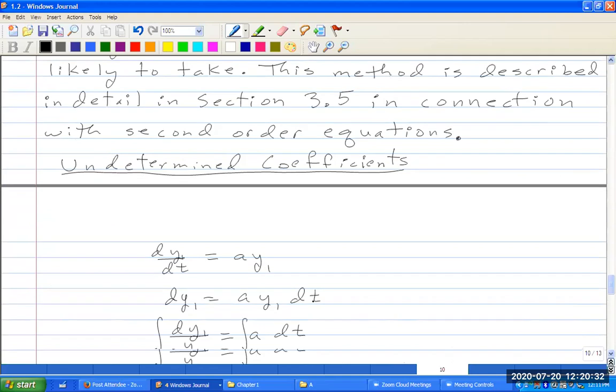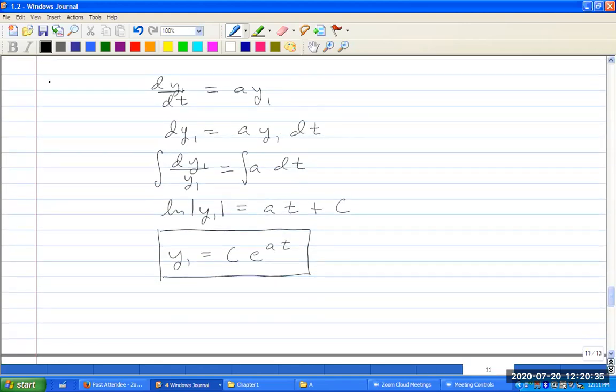So let's do part B. So in part B, I suppose that y is equal to y1 plus k, where y1 solves this equation, and where k is some constant, and where y solves our equation 1, our original equation. And so I have that y equals c e to the at plus k.